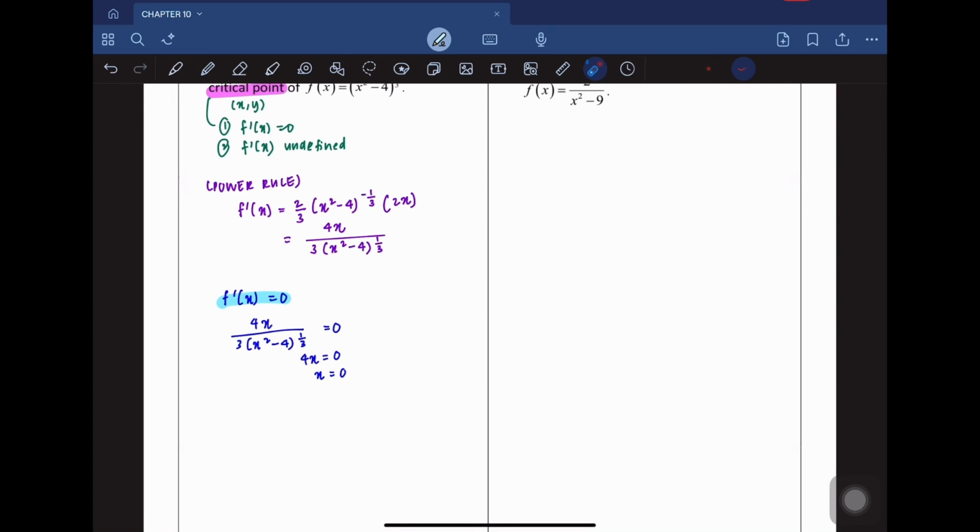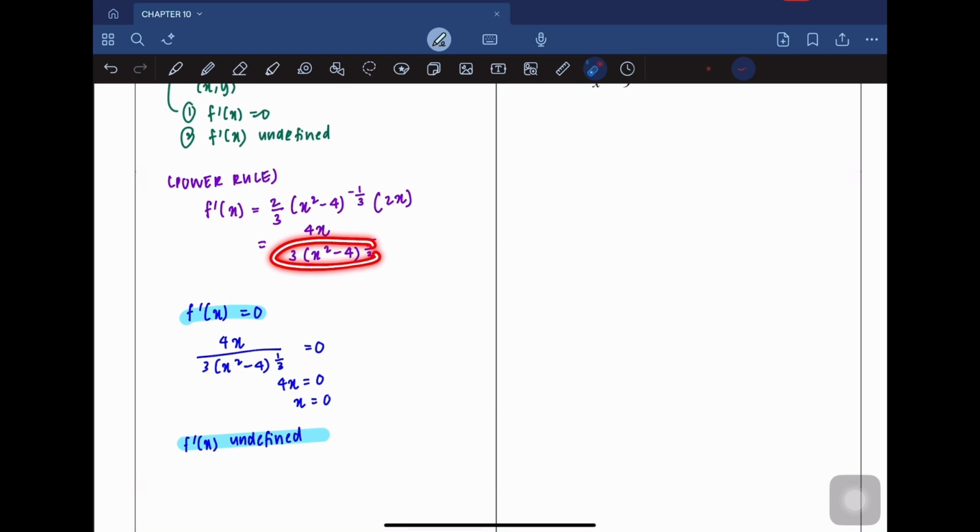The second case is when our f prime x is undefined. So how do we make our function undefined? Remember, the denominator cannot be 0. So for f prime x to be undefined, we let the denominator equal to 0.